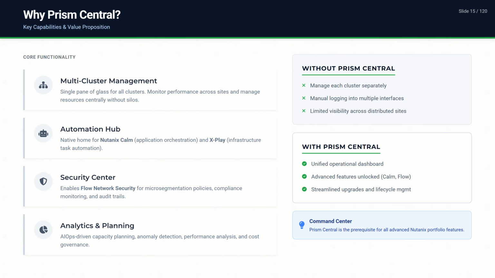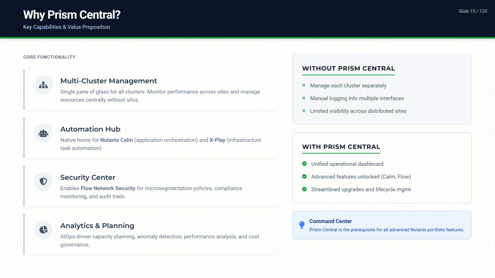That's not just time consuming, it creates silos in your infrastructure. With Prism Central, you monitor performance across all sites and manage resources centrally. No more jumping between interfaces. Everything is unified.